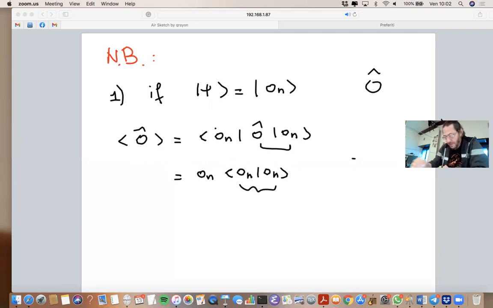But since this is a complete orthonormal state, this is 1, and I get O_N. Well, what I'm learning here is that if my state is in some eigenstate of the operator, anytime I measure that operator, the average value of the measurement will be the corresponding eigenvalue.